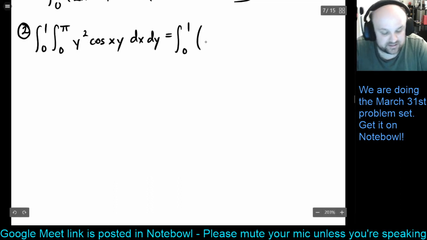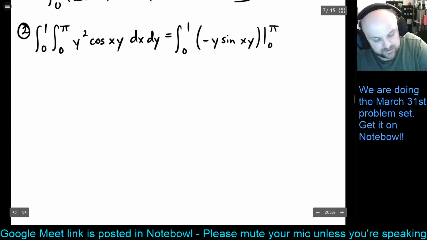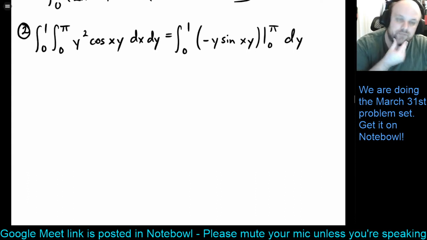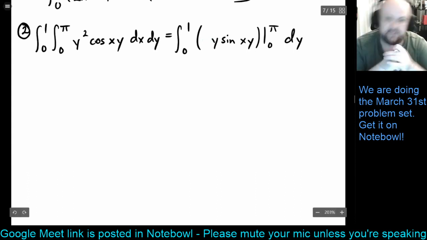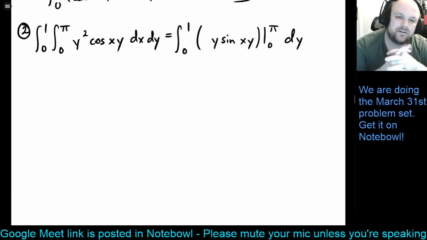This is going to turn out to be y sine of xy, from 0 to pi, dy. Oh, sorry, not negative. I don't know why I put a negative there. No negative. Integral of cosine is sine.